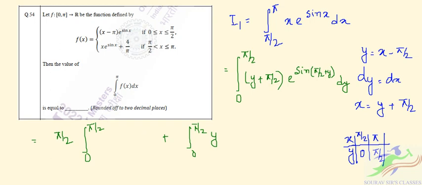So it is e to the power cos y dy plus pi by 2 from 0 to pi by 2 e to the power cos y dy. Okay.